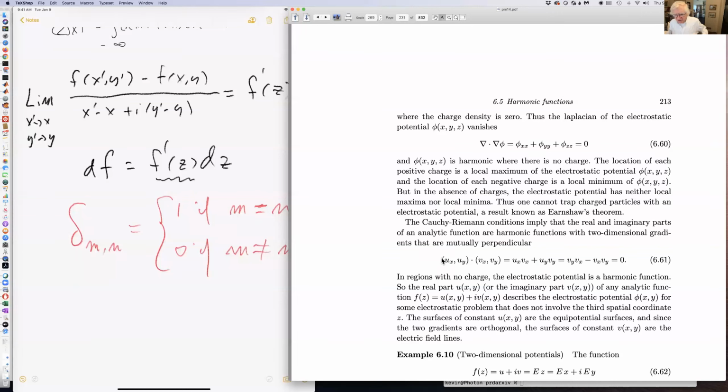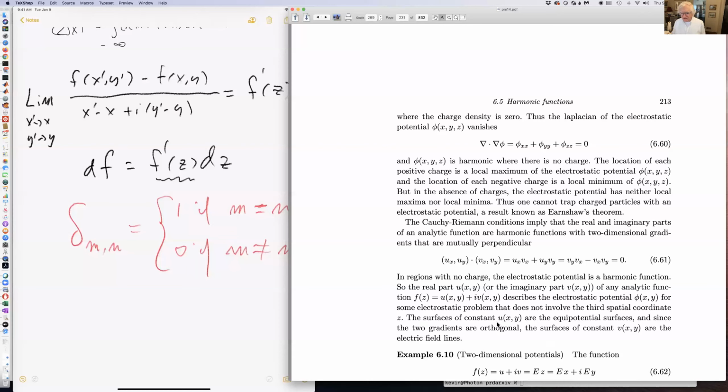And if we are considering the electrostatic potential for a problem that has no z dependence, so you're just doing electrostatics in two spatial dimensions, then the potential is not only harmonic, but the gradient of the real part is perpendicular to the gradient of its imaginary part.